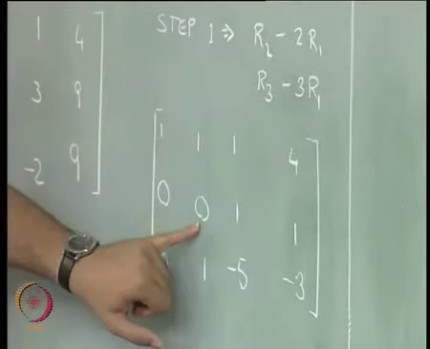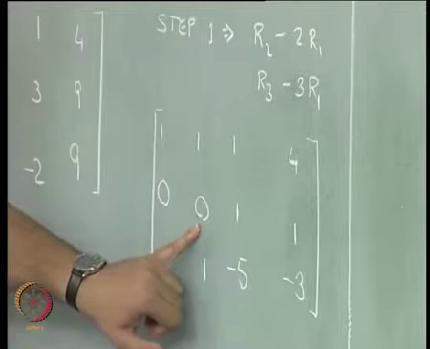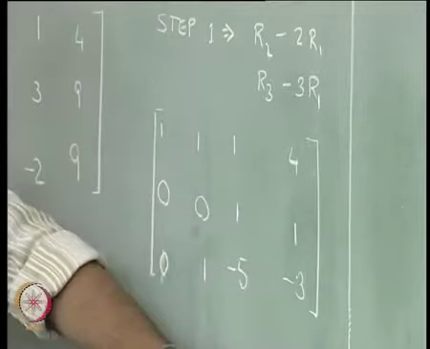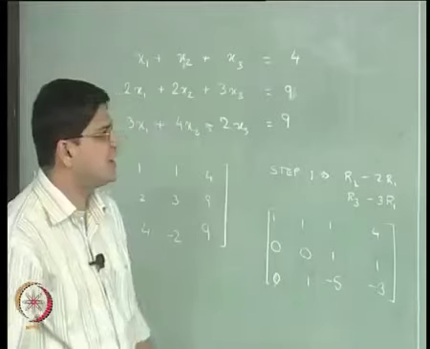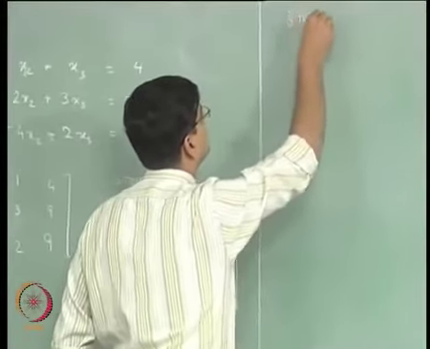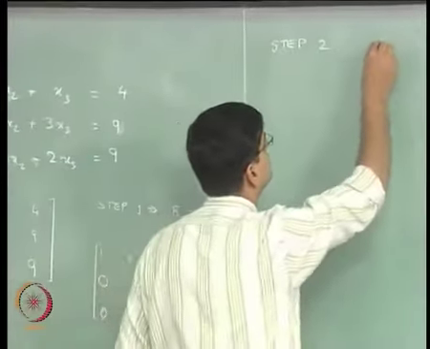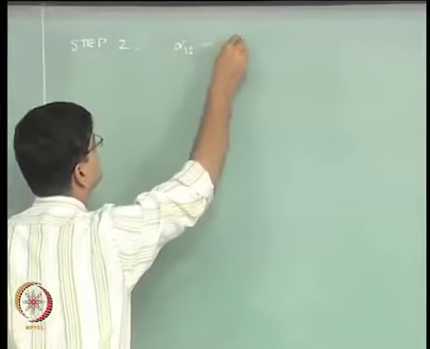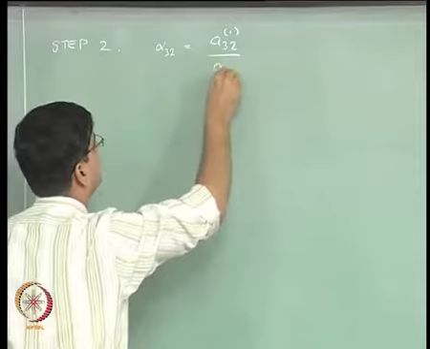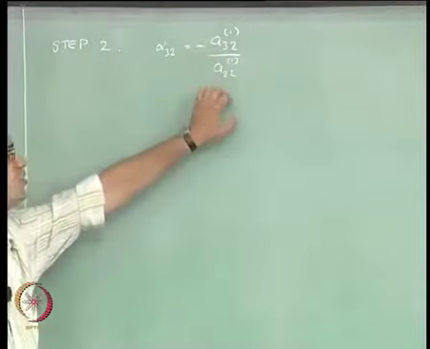What we see over here is that the A22 element, after the first row operation, has become 0. As a result of this, we will not be able to continue the row operations any further, and the reason is that in step 2 we will need to compute alpha 32, which is A32 divided by A22, and negative of this, that is the negative of the ratio of the coefficients.